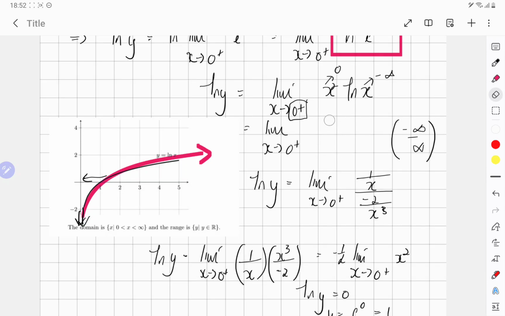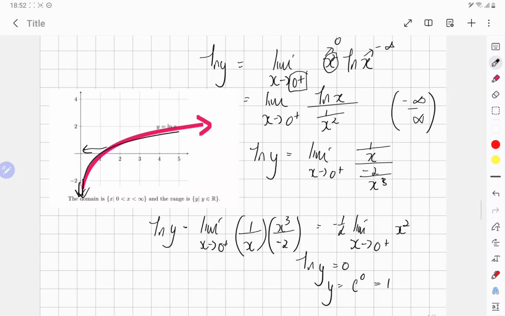So what did I do here? I always keep the more complicated function in the numerator. The x squared will go to the denominator, hence 1 over x squared. What do I see here?